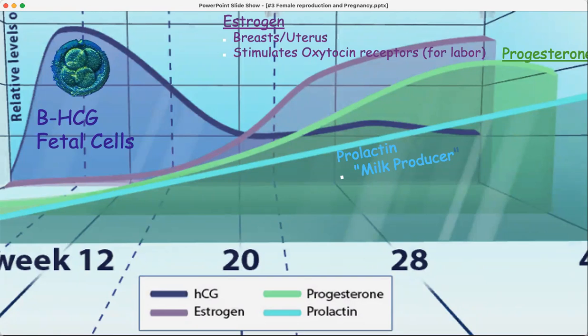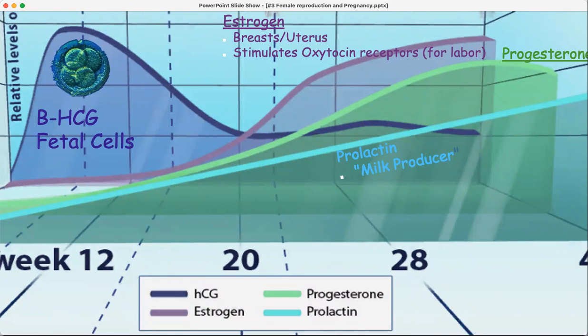It will stimulate oxytocin receptors for labor. And to counteract that to a certain degree is progesterone. That's the green line. And progesterone goes up and stays up until right at the very end of pregnancy, where it drops off. And then the estrogen and oxytocin are unopposed to start uterine contractions.